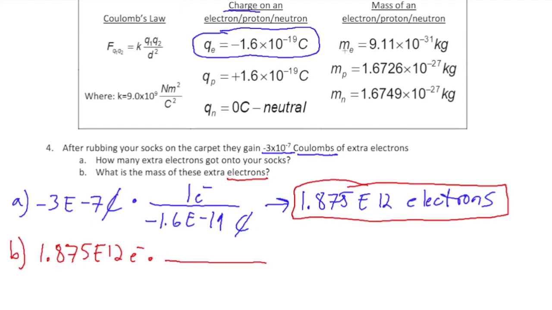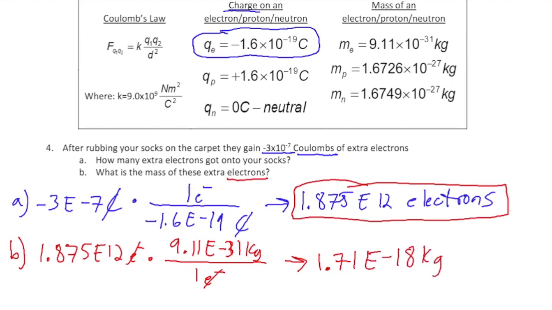And I know that 1 electron has the mass of 9.11 times 10 to the -31st kilograms. I have electrons on top here, which means I need electrons on the bottom here, which means mass is going to go on top. 9.11 e to the -31st kilograms. My electrons cancel out, I multiply through, just like I've been doing, and I find out that these electrons have a mass of 1.71 e to the -18th kilograms.